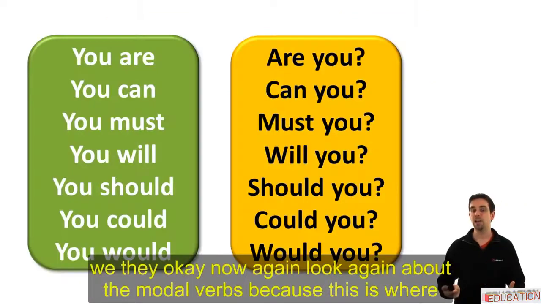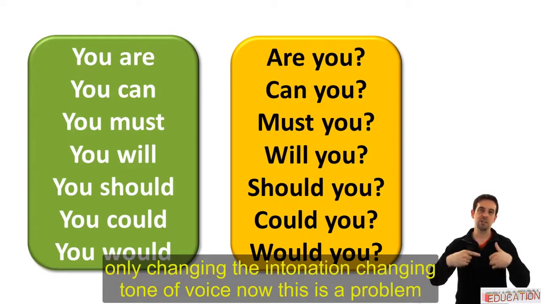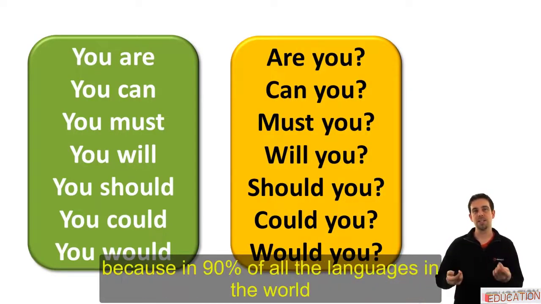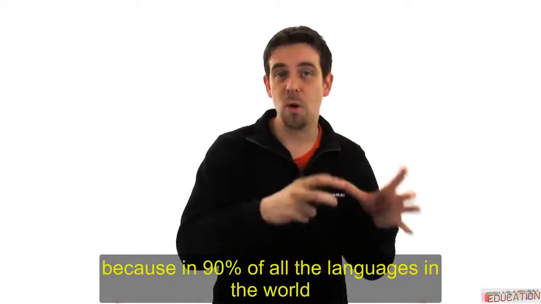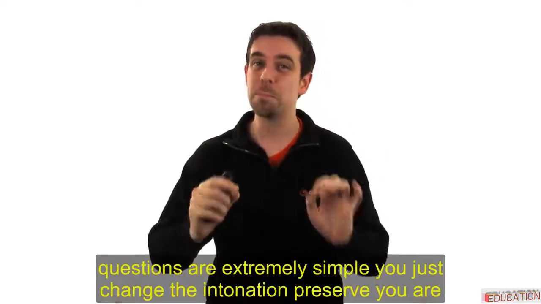Okay? Now again, look again about the modal verbs, because this is where people have the biggest problems. As in, they ask questions with the modal verbs, only changing the intonation, changing tone of voice. Now this is a problem because in 90% of other languages in the world, questions are extremely simple.